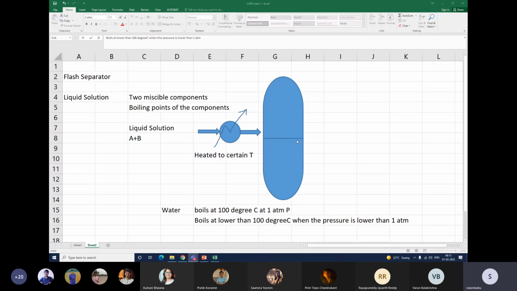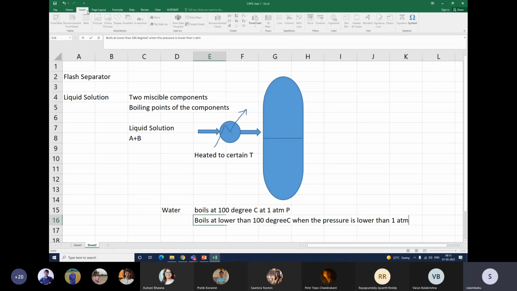So when you flash it, since the pressure is lower than the pressure at which we are heating, the pressure reduces, and the same liquid mixture boils much more when introduced into the flash chamber, because the pressure is reduced.